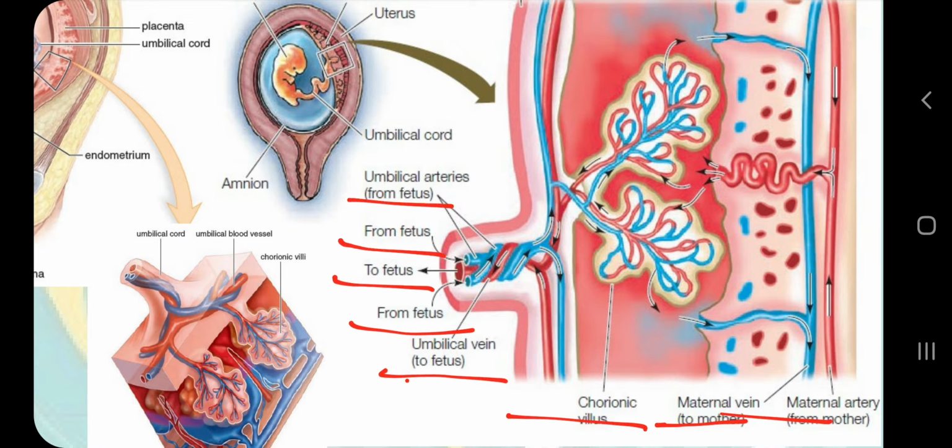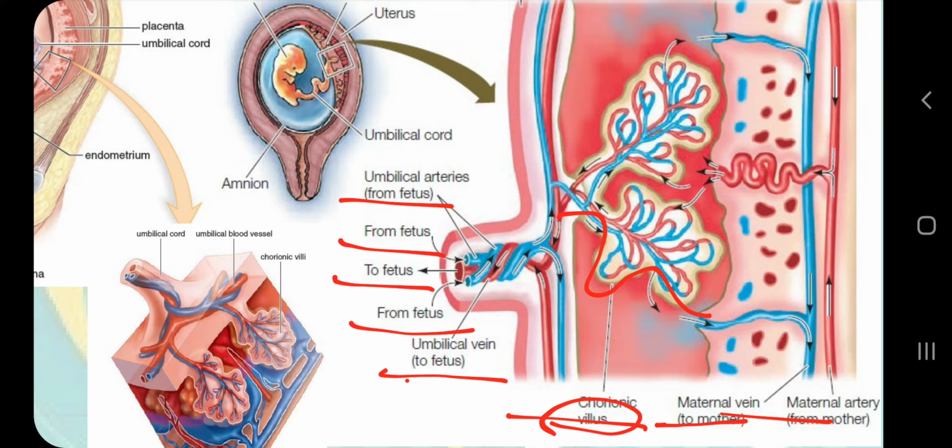Very simple to understand. These are some chorionic villi. Villi means plural, villus means singular, which have blood supply. And you can see the blood of the embryo and the blood of the mother, baby and mother, do not mix with each other. If you remember the closed circulatory system, which we discussed in class 11th biology also, in our system blood always flows in blood vessels, it doesn't come out.